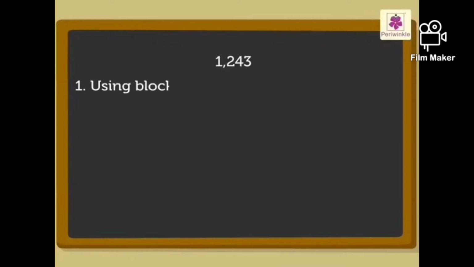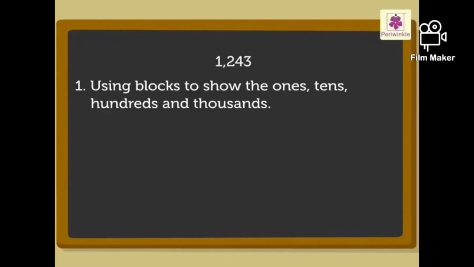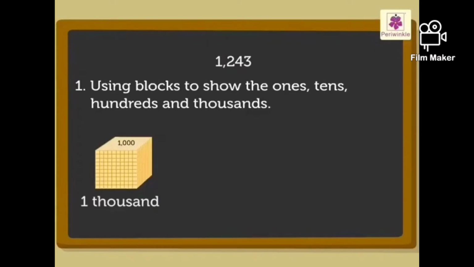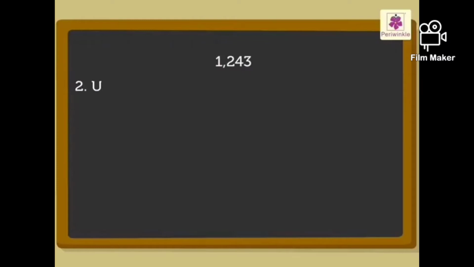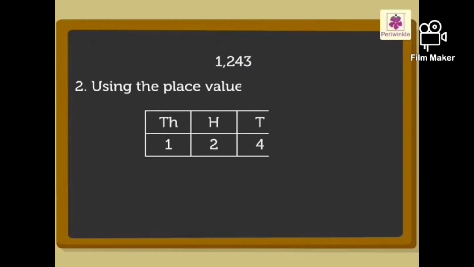We can use blocks to show the ones, tens, hundreds, and thousands in the number as 1 block of 1000, 2 blocks of 100, 4 blocks of tens, and 3 blocks of ones. 2. It can also be written using the place value chart as shown.